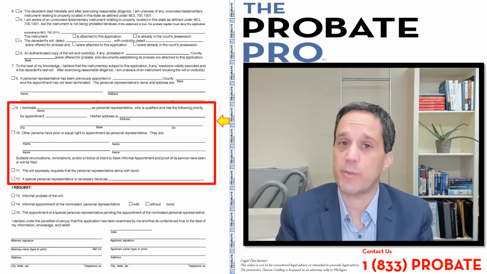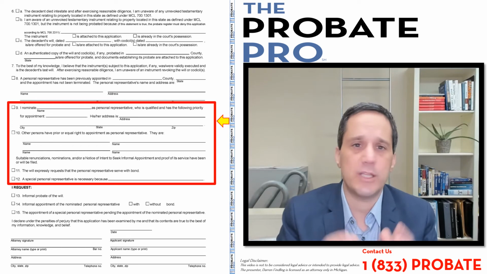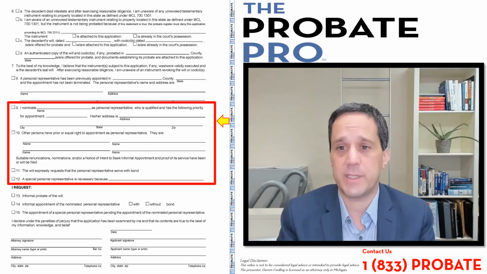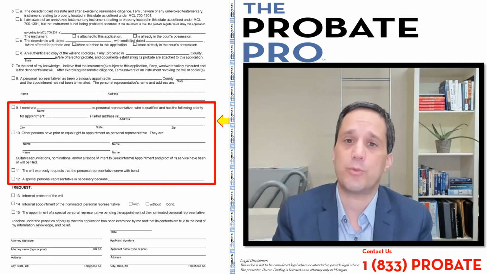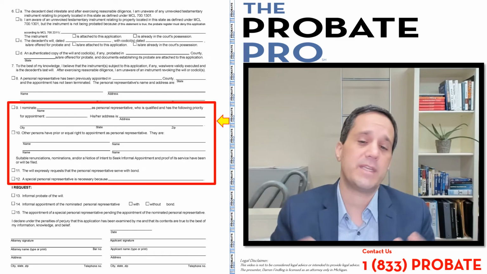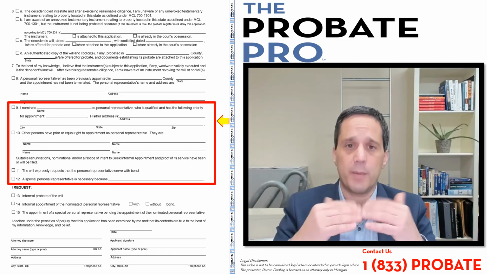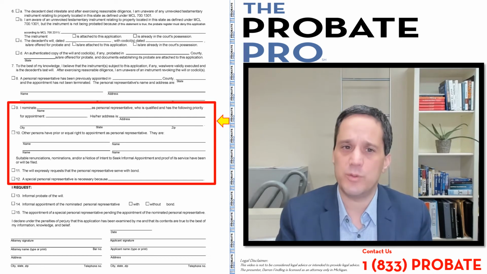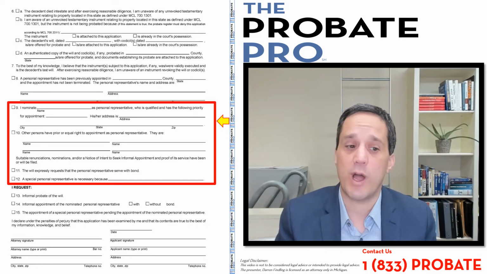But a special personal representative may be appropriate in certain contexts, and that Section 12 is for that particular purpose. And maybe there's a limited role that the special personal representative needs to be involved in, or a limitation of their particular duties on behalf of the estate, but not often used, that checkbox number 12.